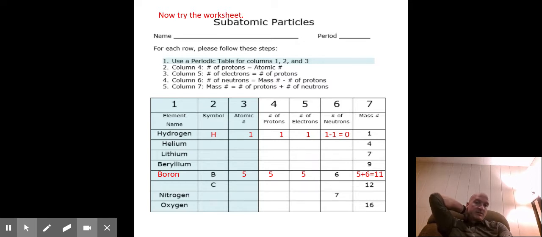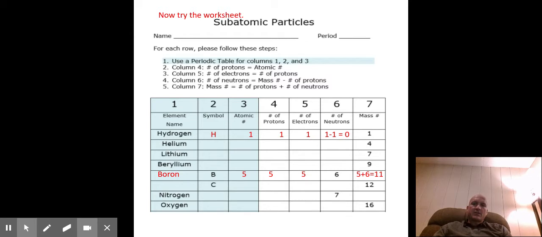Atomic number always equals protons, so the protons here is 1. Protons and electrons equal each other out, so the atom is neutral. And then neutrons, you subtract: mass number 1 minus the protons 1 equals 0 neutrons.